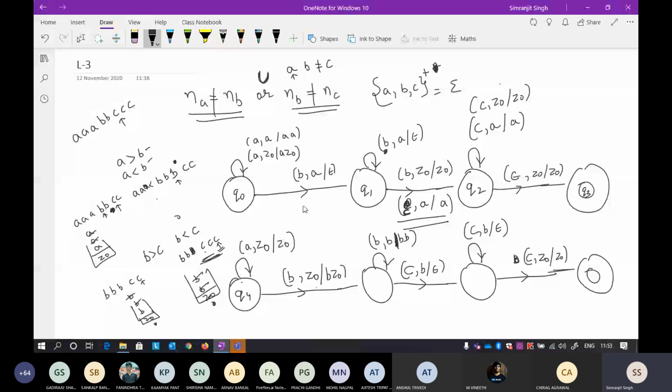Okay, so for this one also you can move to the final state. You can say that when the input is nothing and at the top of the stack there is a b, you do nothing, so b will remain as it is and you move to the final state. Okay, so this particular question denotes that the number of b's are not equal to number of c's. This particular question below denotes that the number of a's are not equal to the number of b's.